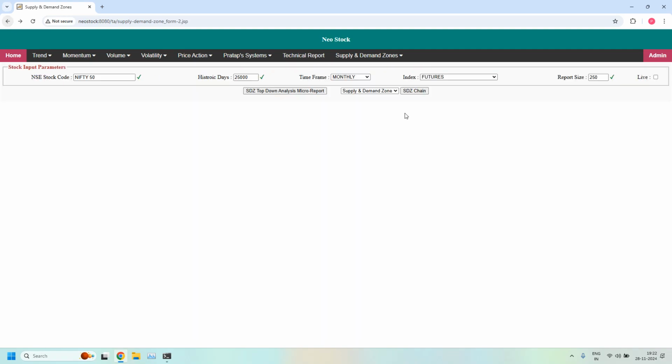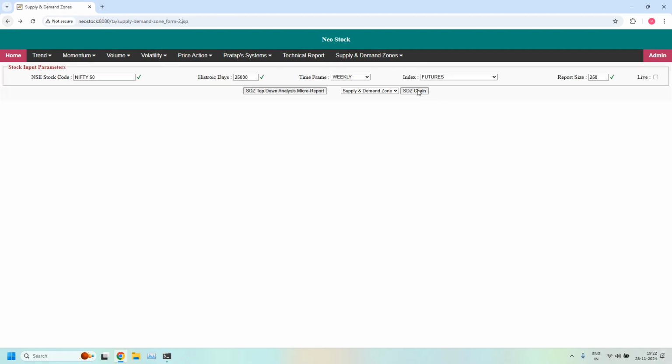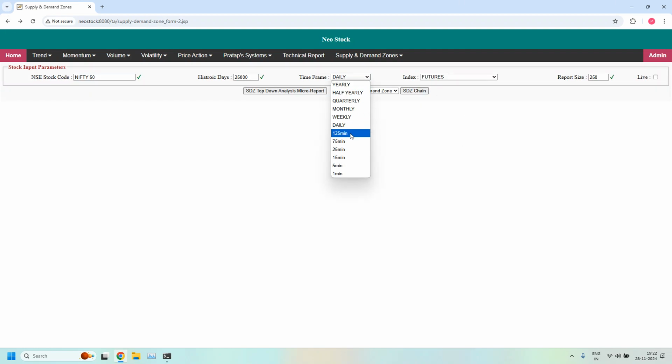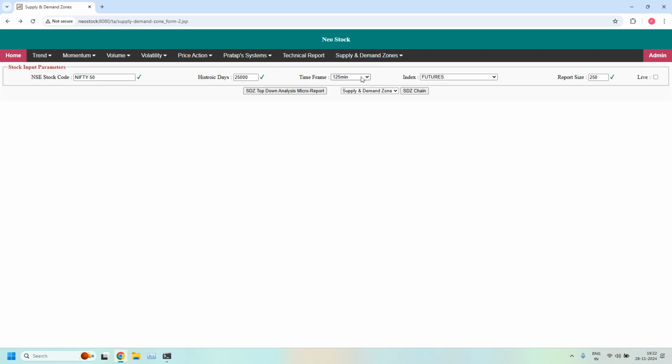Okay, next, weekly demand zone chain for Nifty. Okay, next, daily demand zone chain for Nifty. Okay, next 125 minutes supply demand zone chain for Nifty. Okay, next 75 minutes supply demand zone chain for Nifty.